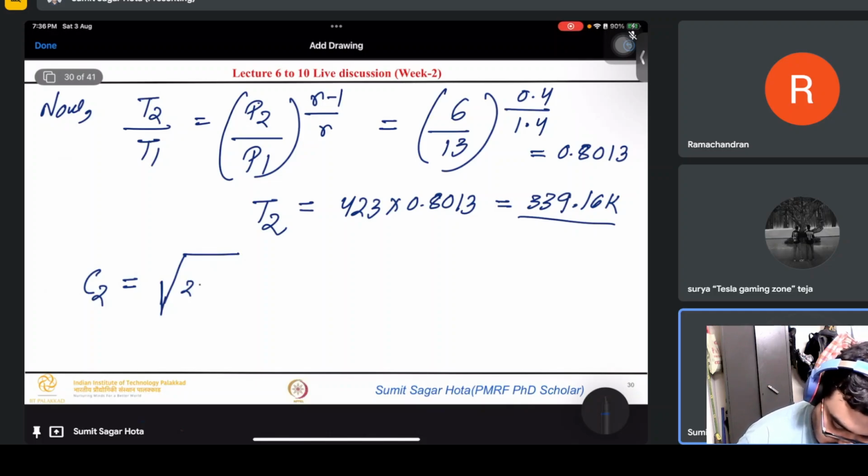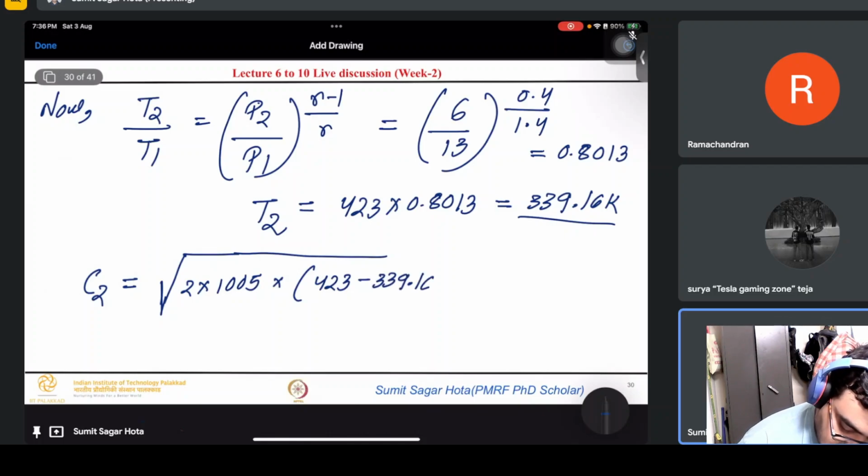Now substitute in C2. So 2 into 1005 into 423 minus 339.16. So what is C2? 410.509 meter per second.